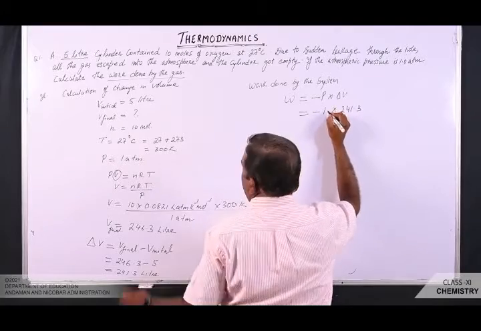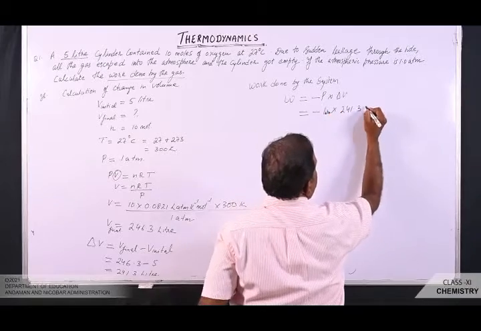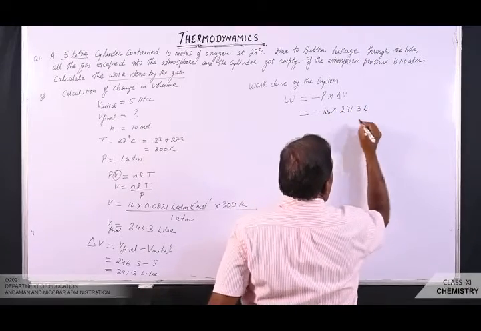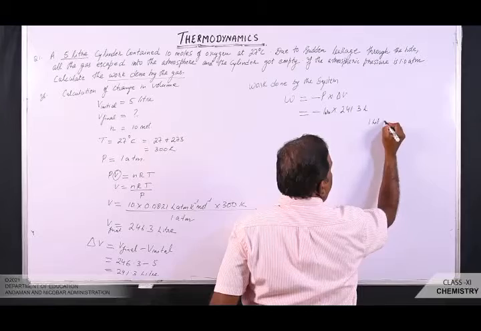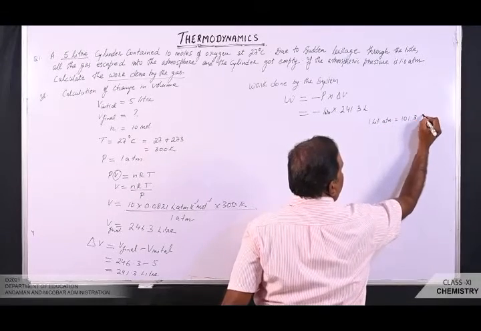This is in atm, and this is in liter. So 1 liter atm is equal to 101.3 joule.